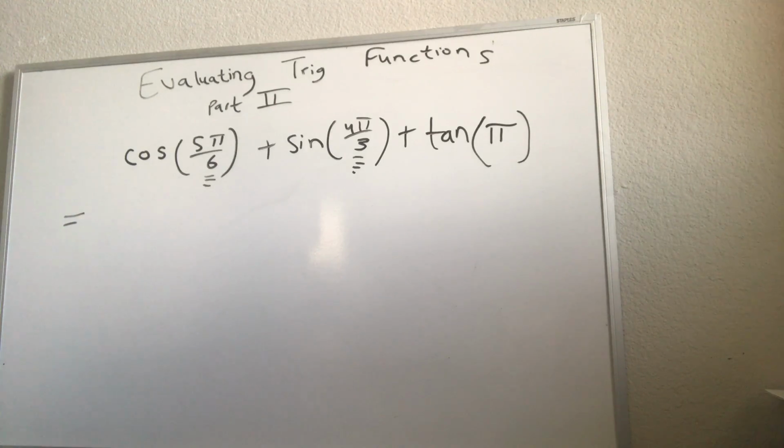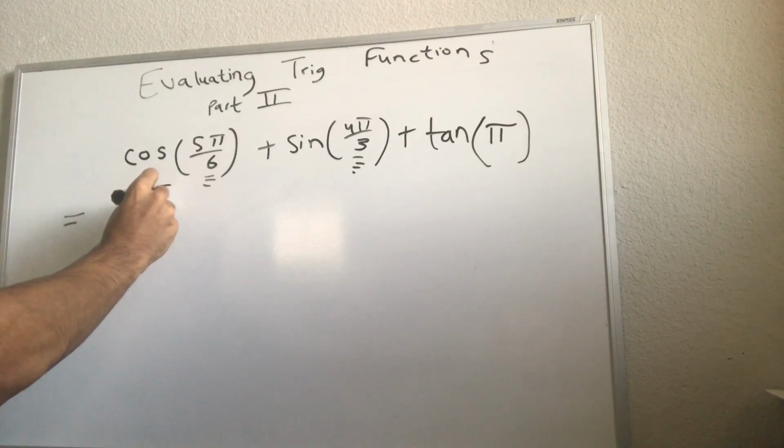However, this is in the second quadrant, and the rule is all students take calculus. So in quadrant 2, only sine values will be positive. Cosine will therefore be negative. So we know cosine of pi over 6 is root 3 over 2. Therefore cosine of 5 pi over 6, this angle being in quadrant 2, should be negative root 3 over 2.